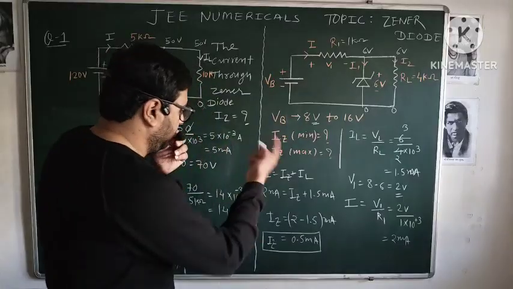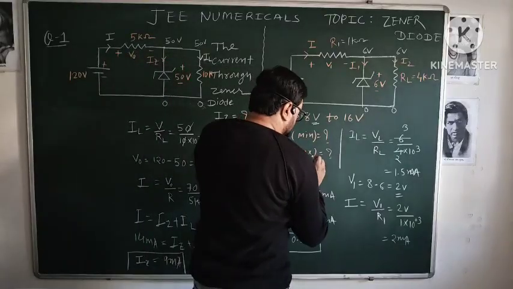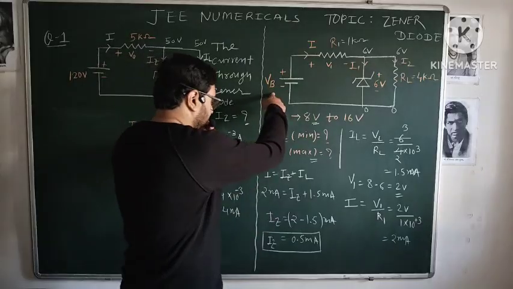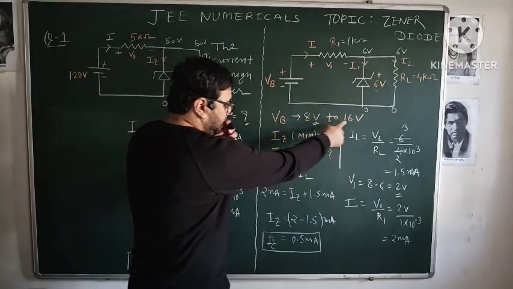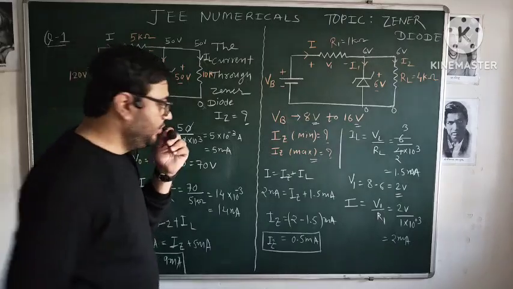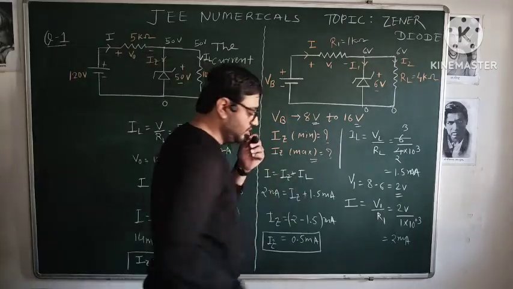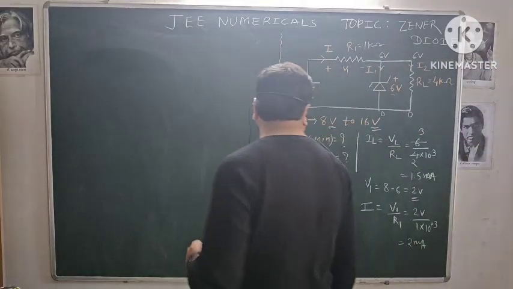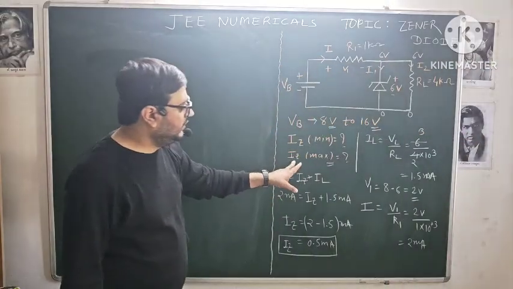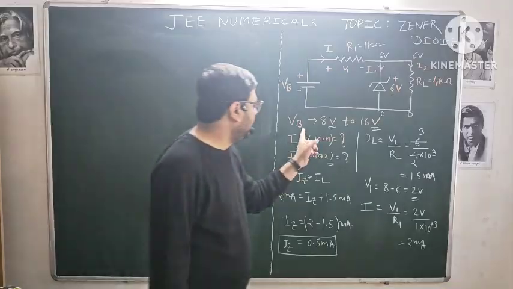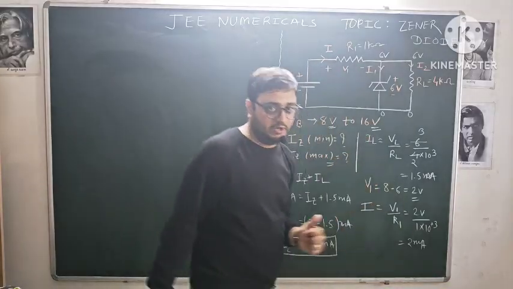Now we can find it at maximum voltage. For the battery, the total voltage is 16 volt. Then we need to find the Zener diode current at maximum, not voltage, it is current. So we apply 16 volt to the battery.